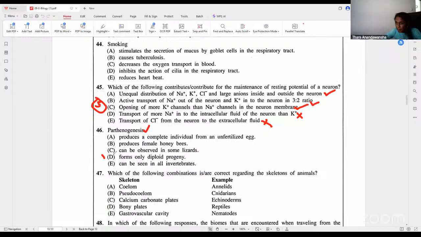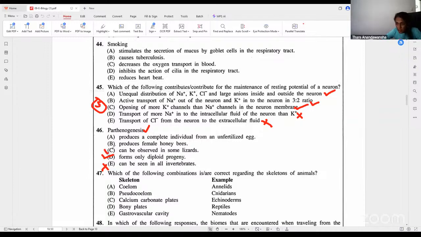This can form haploid and diploid both. Parthenogenesis can be seen in animals also. All invertebrates, wrong. Some invertebrates, yeah, such as honeybees and all that.